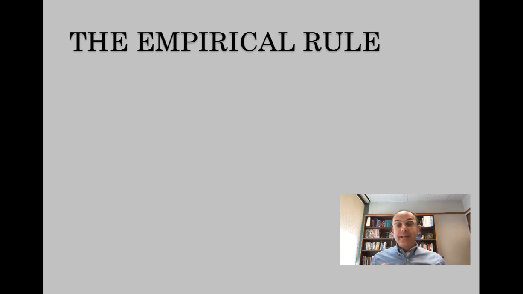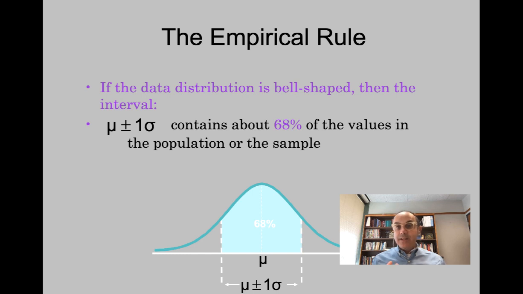One of the things that the introduction to statistics often forgets about is the empirical rule, which means that if the distribution is bell-shaped, then the interval has the ability to contain 68% of the values of the population or the sample.